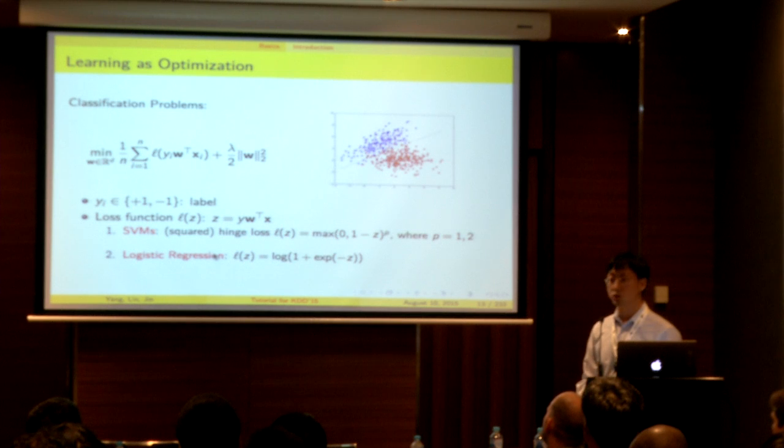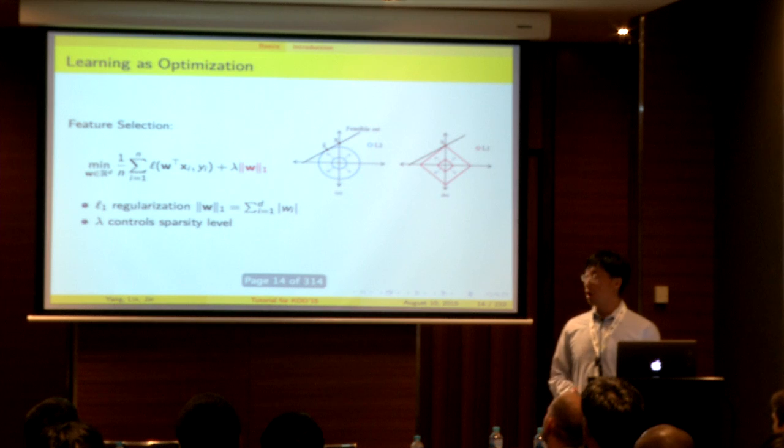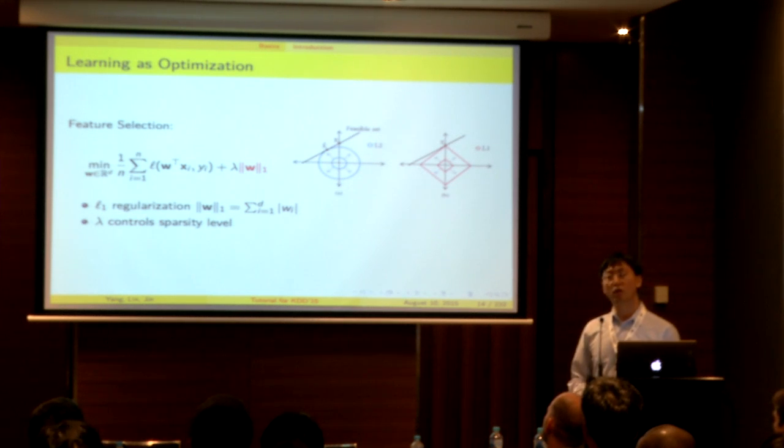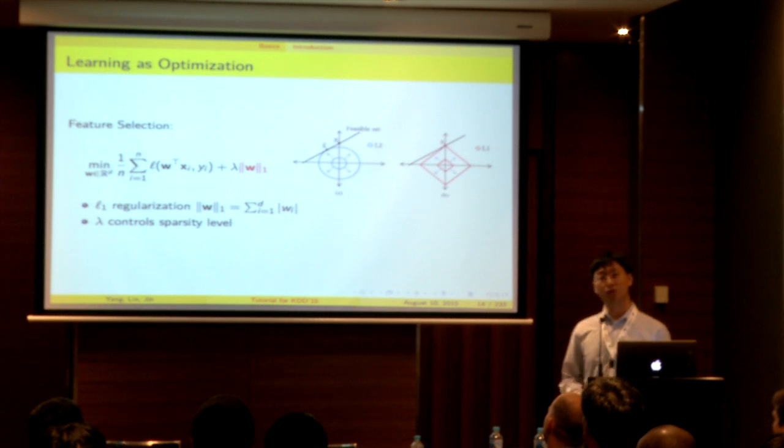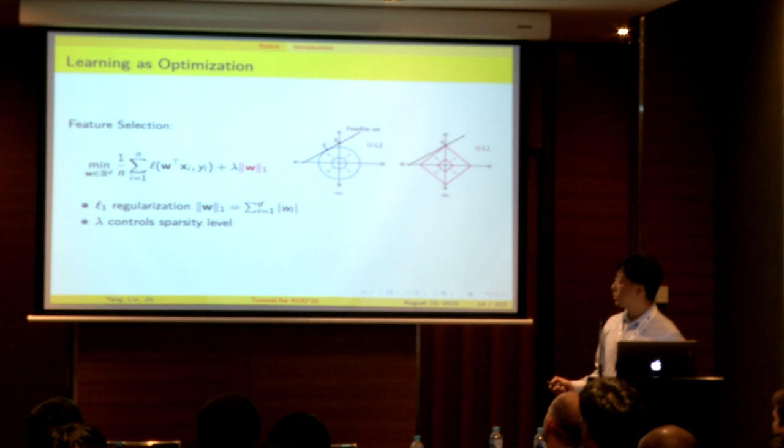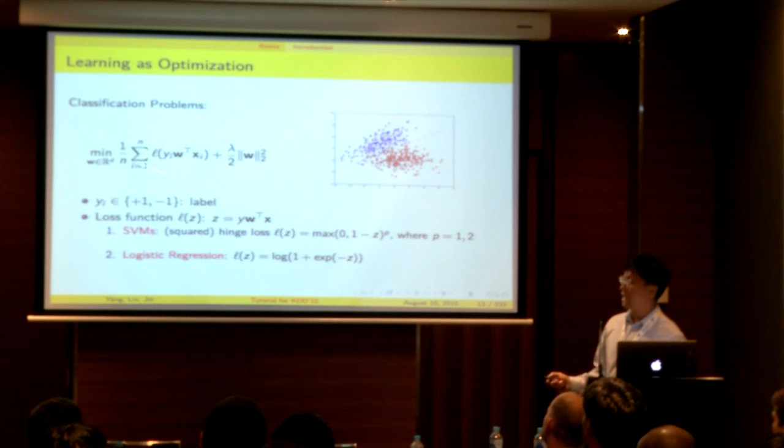You can also use the logistic loss for logistic regression. Also, you can replace the squared Euclidean norm with L1 norm regularization for some feature selection tasks, for example, because the L1 regularization can enforce sparsity in the optimal parameter w. In all these formulations, lambda is a regularization parameter that controls the balance between the empirical error and the regularization.